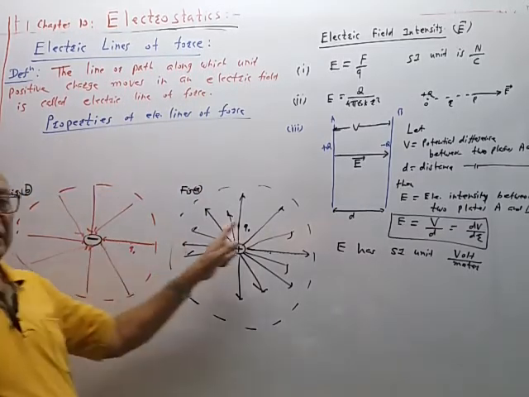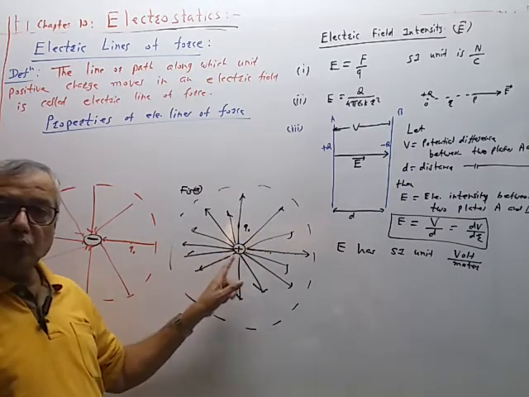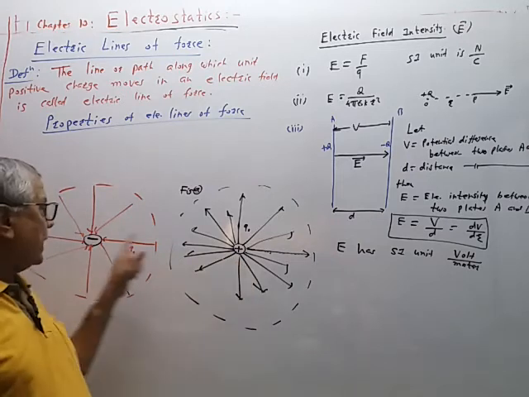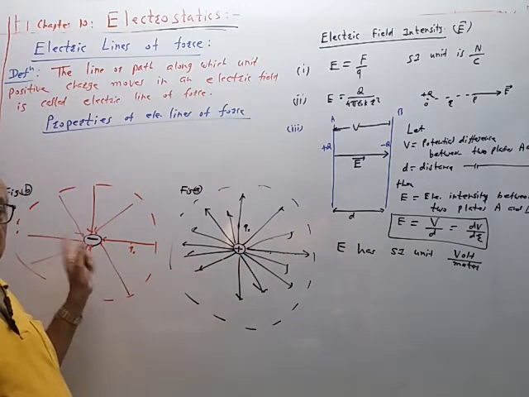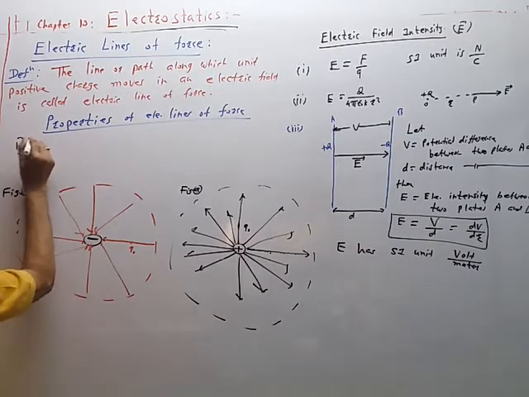Figure A. Electric lines of forces always start from positive charge. They originate from positive charge and end or terminate on negative charge. So, first property is like this.